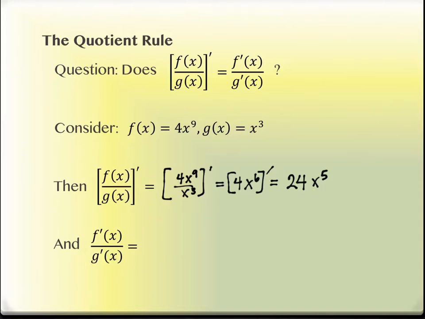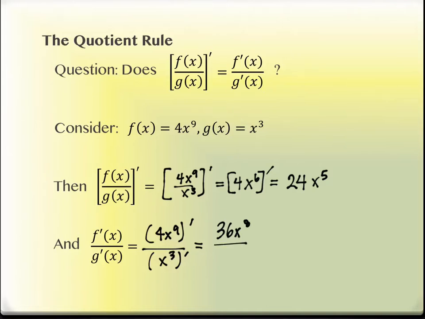Okay, so what we're trying to see is if it would work if I just did the individual derivatives first and then division second. What is the derivative of 4x to the 9th? We already did this, so what is it? 36x to the 8th.